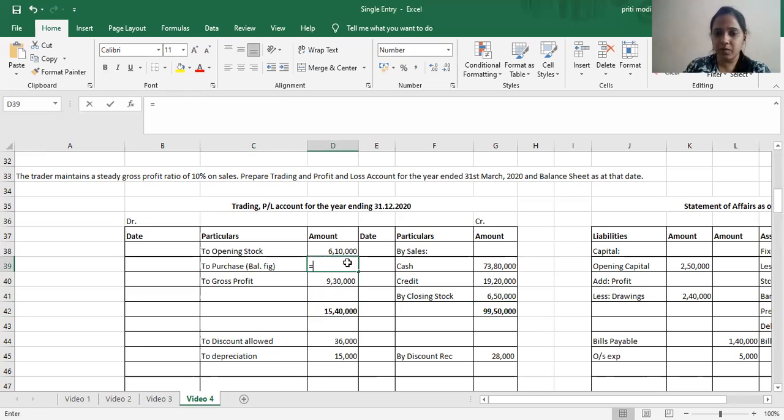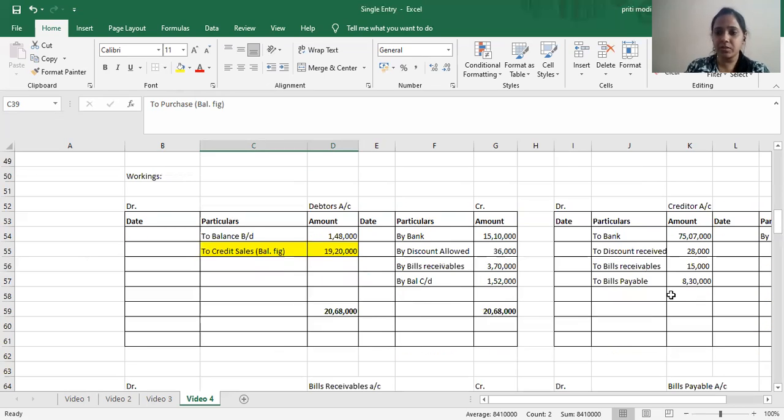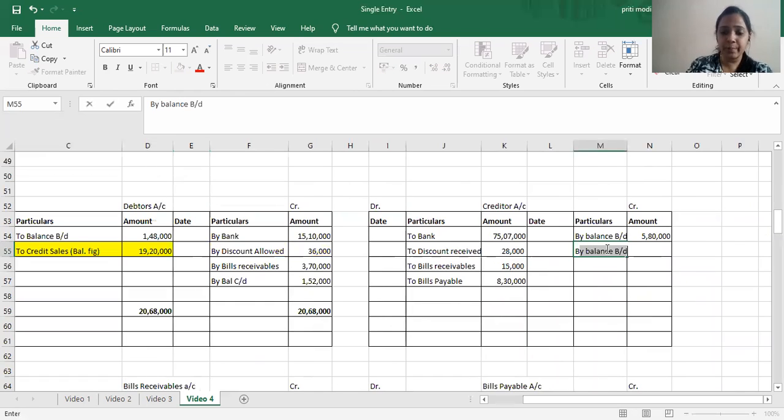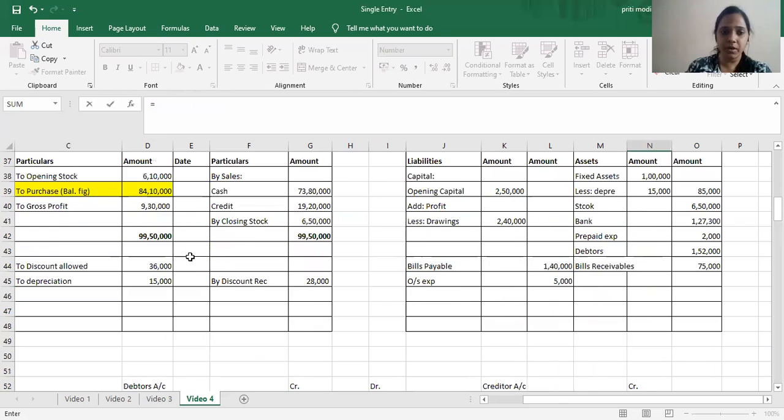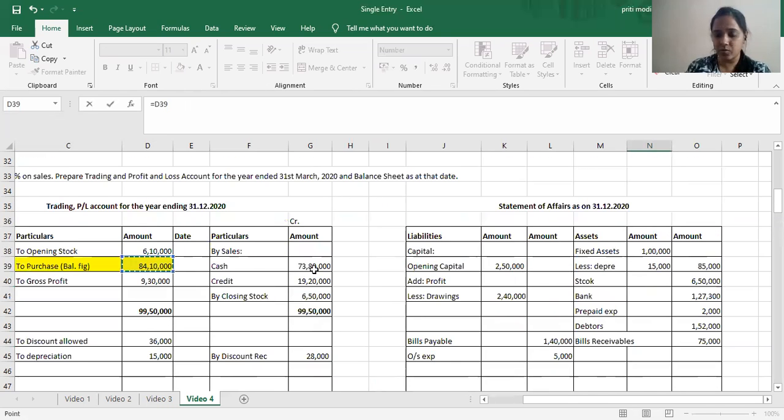Okay, so our purchase is coming as 84 lakh 10,000, and this purchase we are assuming to be completely credit purchase for the simple reason no cash purchase is given in the question. So we are coming down to the creditor account and writing it over here, by purchase, and the figure we have already found out from the trading account, 84 lakh 10,000.